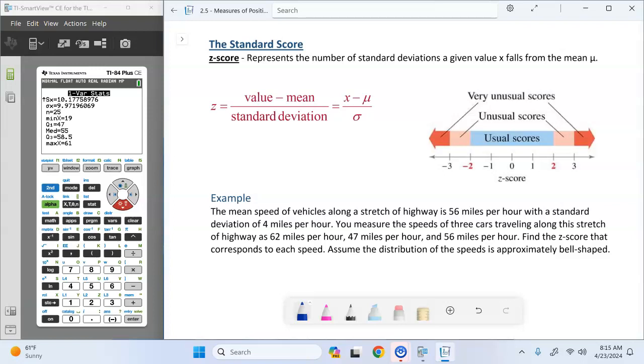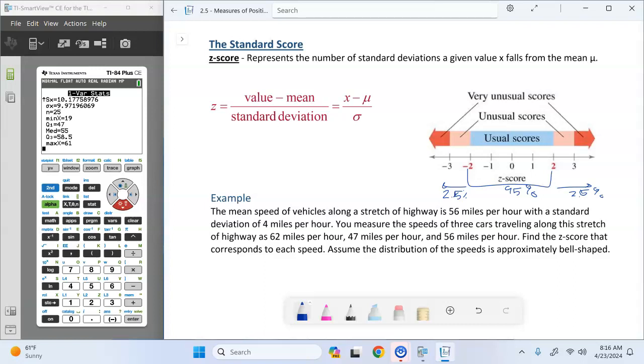So 95% of our data will be here. And then 2.5% above and 2.5% below will be more than 2 standard deviations. So that last 5% is considered unusual. The last 0.3% is considered very unusual.